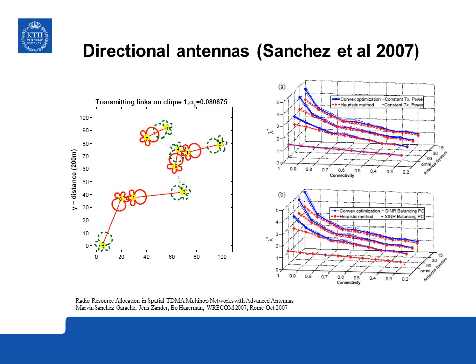So if a station transmits towards its intended receiver, it will direct its energy toward that receiver, and very little interference will go to the surrounding nodes, which means that the different links can be protected from each other in a much better fashion, and frequency reuse, or spatial reuse, becomes much more efficient.